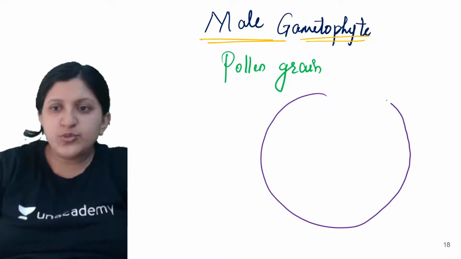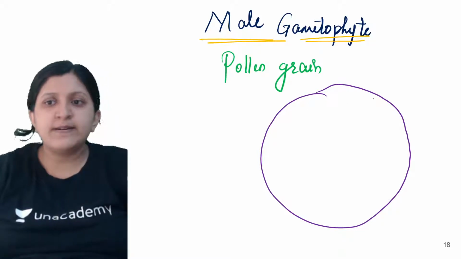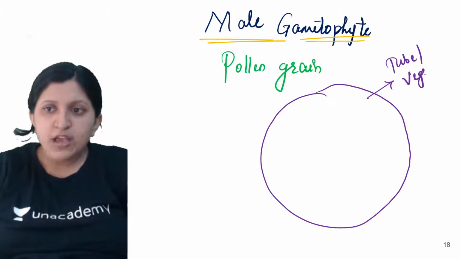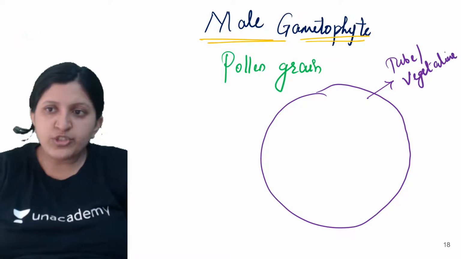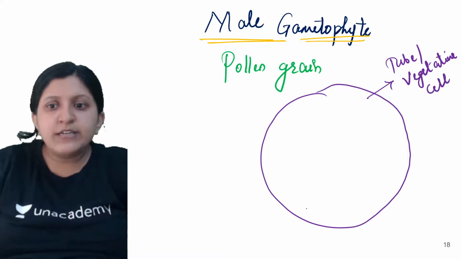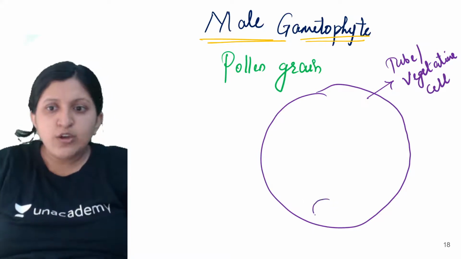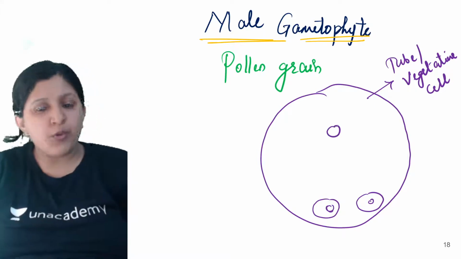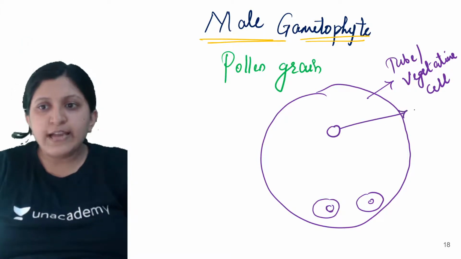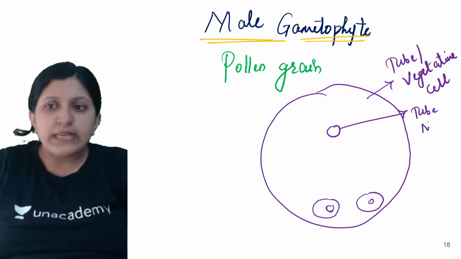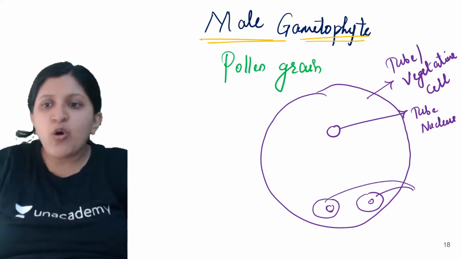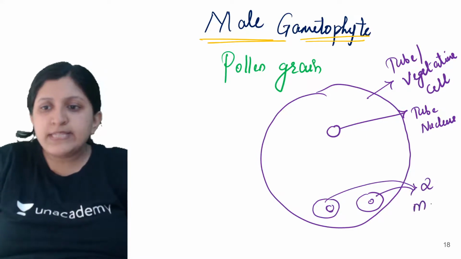This one is called a tube or vegetative cell, and inside this you can find two nuclei. This one has its own nucleus, the tube nucleus, and this is the generative nucleus, or two male gametes we can mention.